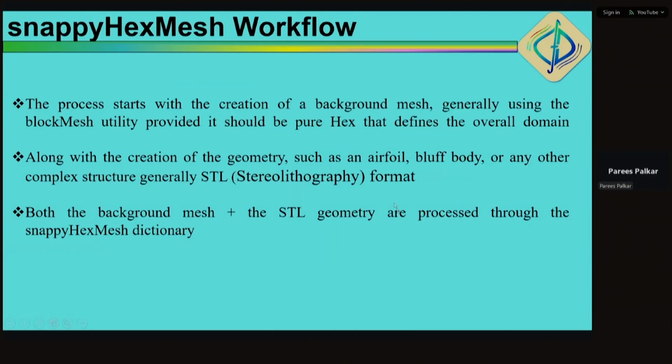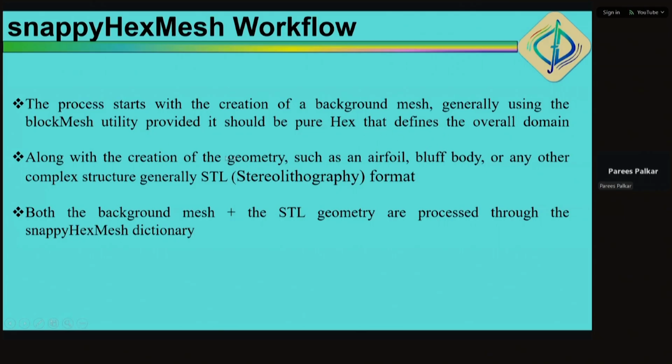So what is the idea of the SnappyHexMesh workflow? The process generally starts with the creation of a background mesh. We generally use the blockMesh utility to make the mesh, and it is purely hexahedral and defines the overall domain.